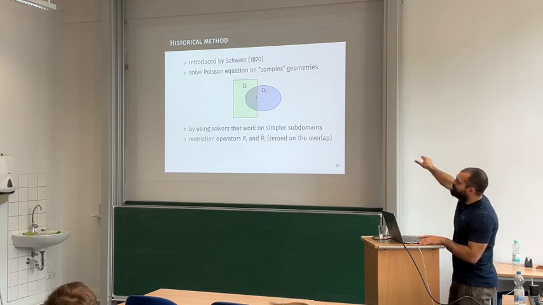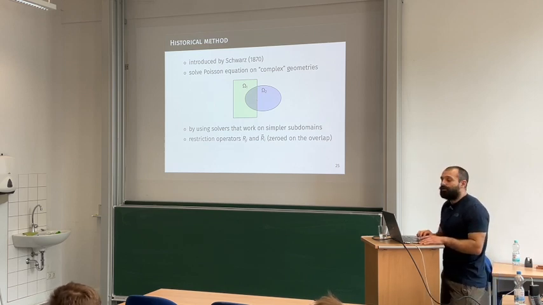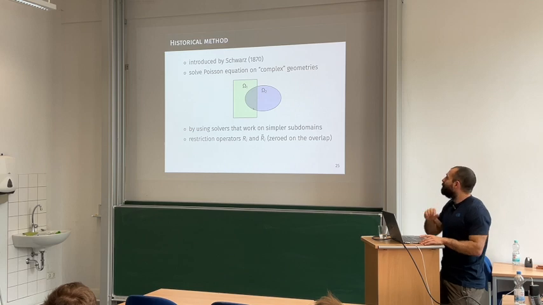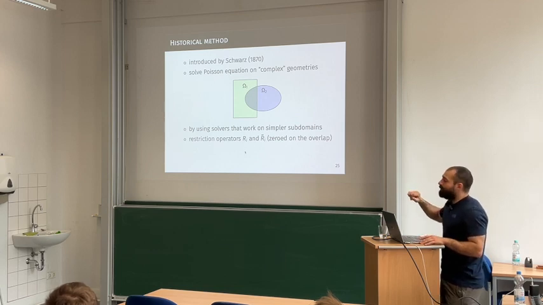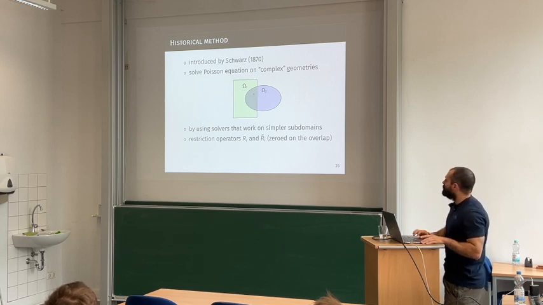And so in what comes next, we'll have to introduce two operators. What is typically called in the literature Ri, the restriction operator from the complete domain omega to just a subdomain omega i, and also the Ri tilde operators, which are the same as Ri but scaled on the overlap, so zeroed out on the overlap, so that you don't sum up multiple contributions from unknowns on the overlap.